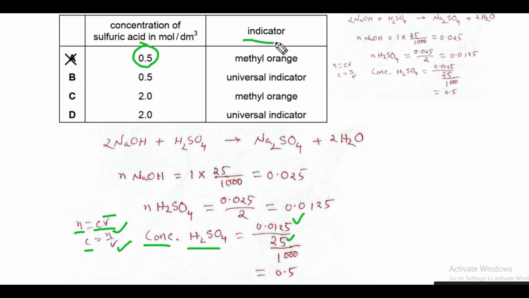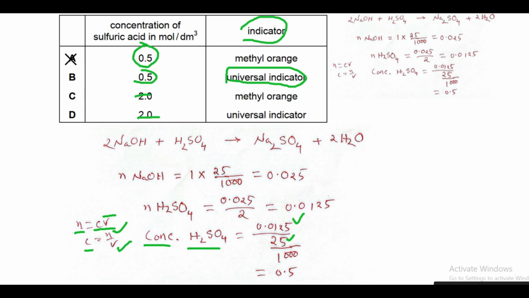For the indicator, you can use any acid-base indicator, methyl orange or phenolphthalein. But here B is also right? Universal indicator shows different colors at different pH, so this is wrong. So A is the right answer.